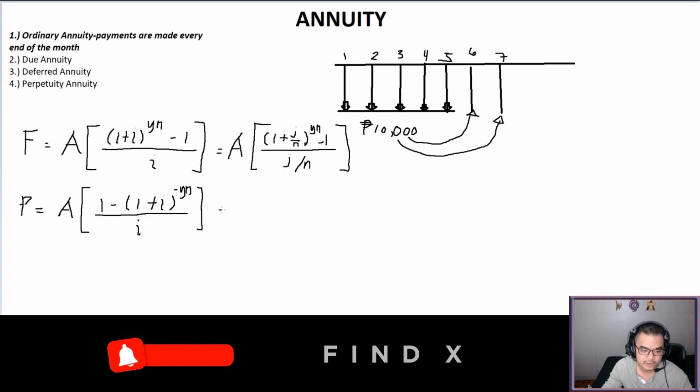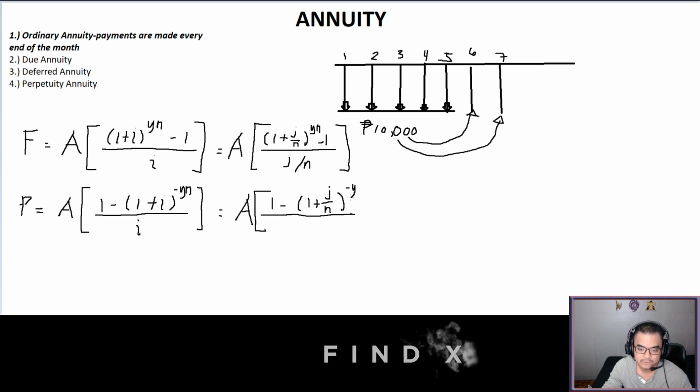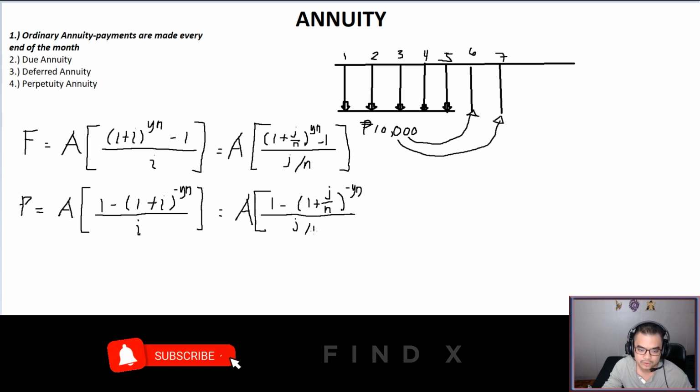Of course, you can also rewrite it as 1 minus (1 plus j over n) raised to negative yn, all over j over n.